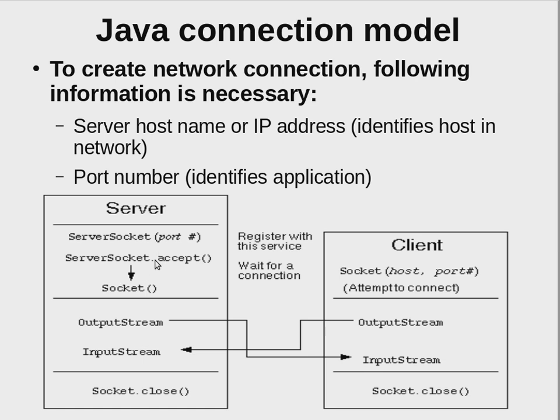And then when this method is executed, it also returns a socket object back. And this socket object and that socket object are absolutely the same. So for the client, you create it explicitly using a constructor. But for the server side, you get a reference to the socket object indirectly using the accept method.